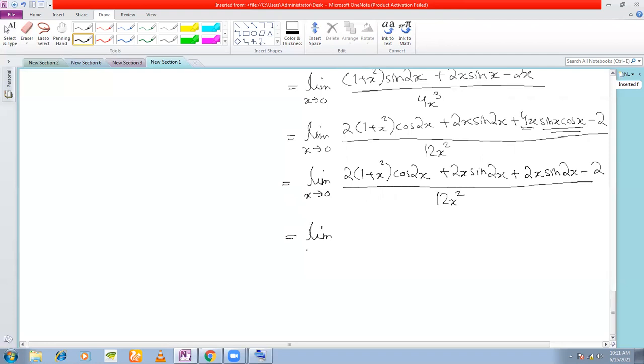Now I differentiate this to get 2x square minus 2 sine square x minus 4x square sine square x plus 4x sine 2x.